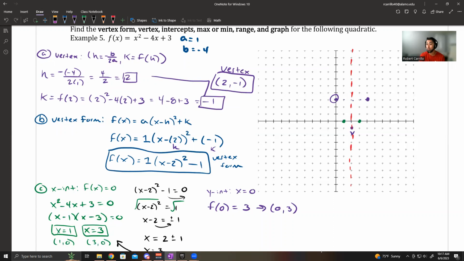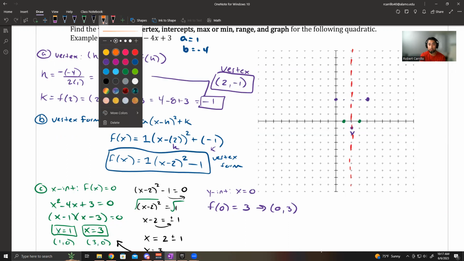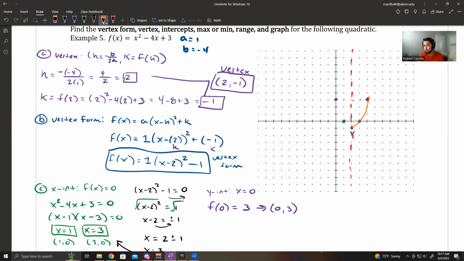There you go. And now we have more than enough points to graph. So if we graph this, you just connect up and to the right, up and to the left, and there you go. It's graphed.